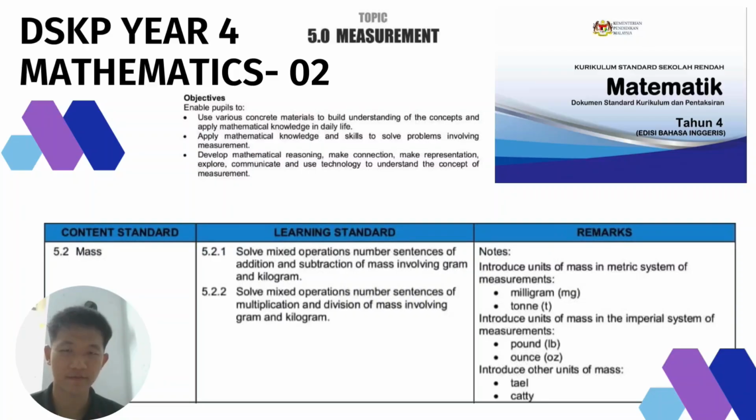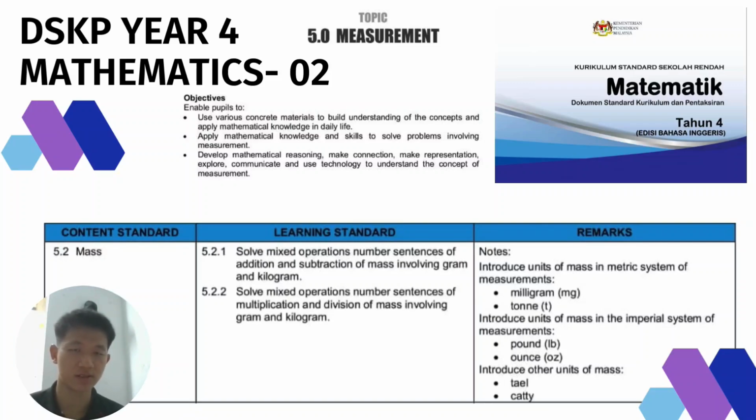5.2.1 solve mixed operation number sentences of addition and subtraction of mass involving gram and kilogram. Then 5.2.2 solve mixed operation number sentences of multiplication and division of mass involving gram and kilogram.